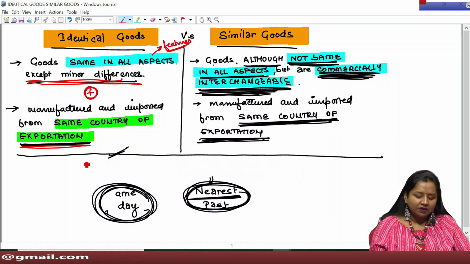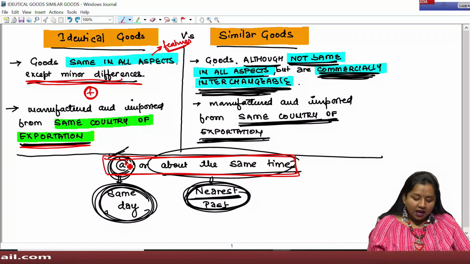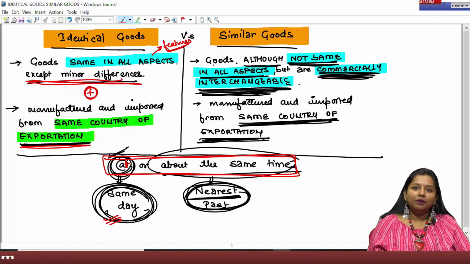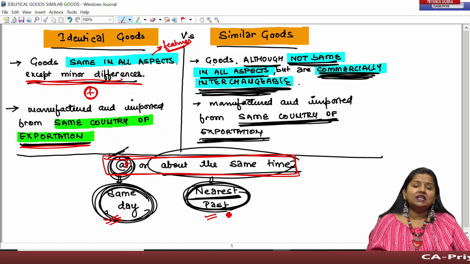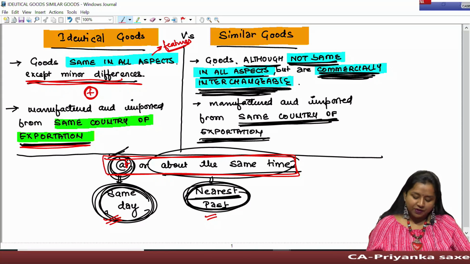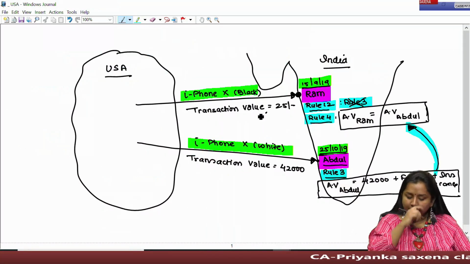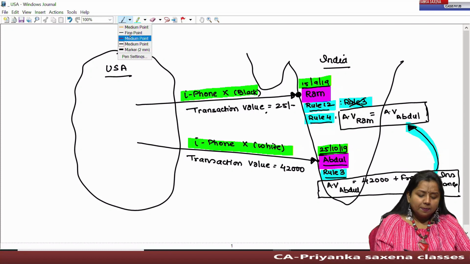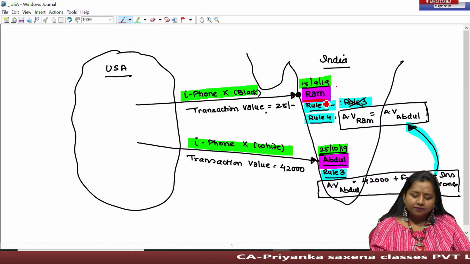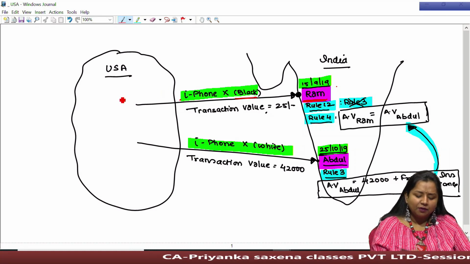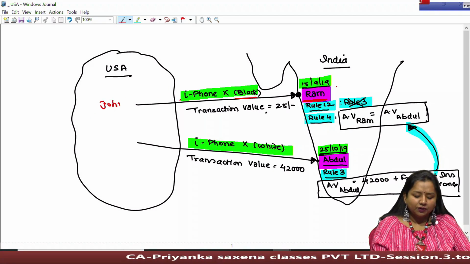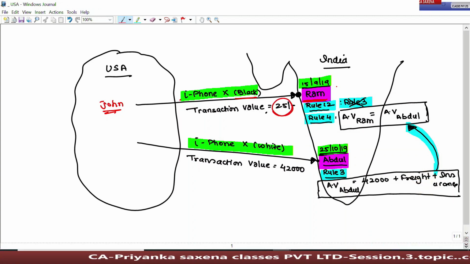At or about the same time means either on the same day when goods are being imported by our client, or in the nearest past when any other person imported such goods thereupon. For example, I can say that Mr. Ram imported iPhone X in black color from US from Mr. John, whose transaction value in the invoice is shown as rupees 25.